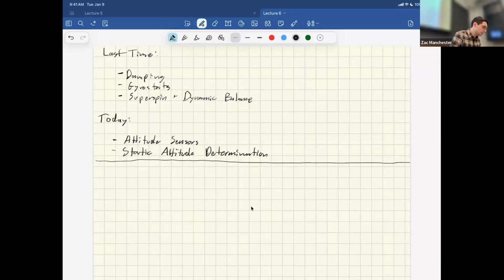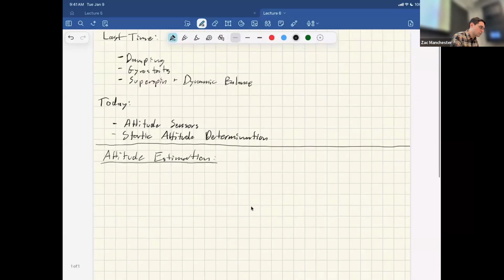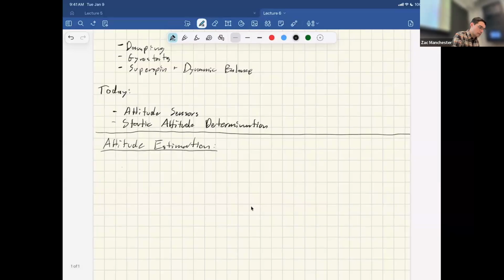All right. So let's first define the problem here. Attitude estimation is basically the core engineering problem of how to figure out attitude from onboard sensors.